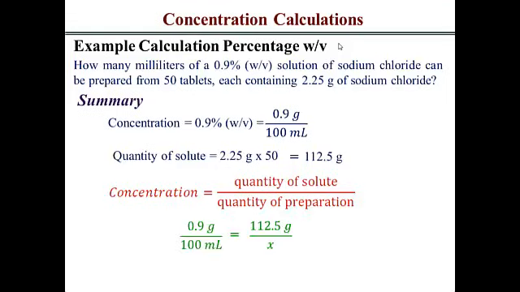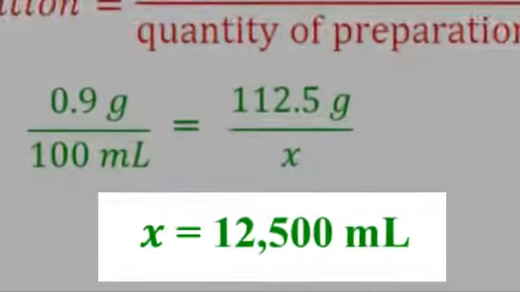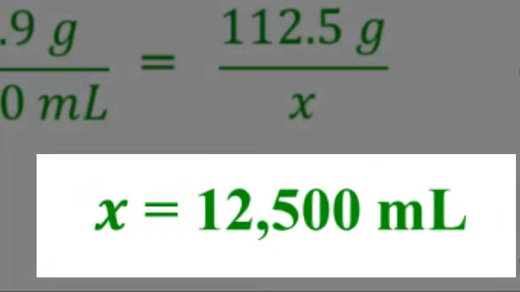What that means is we have 0.9 grams divided by 100 milliliters on the left hand side of the equal to sign, and on the right we have 112.5 grams divided by our unknown, which is our quantity of preparation represented by x. When we solve for this, we have x equals 12,500 milliliters.